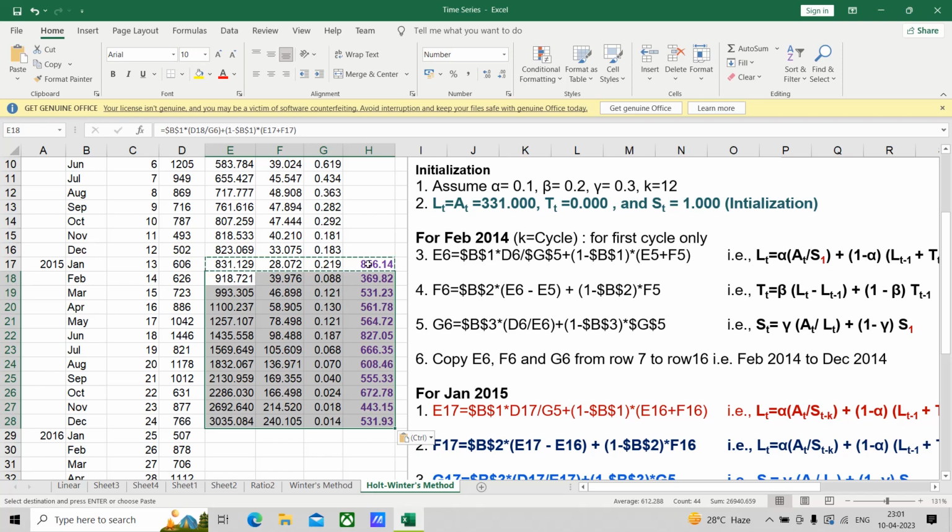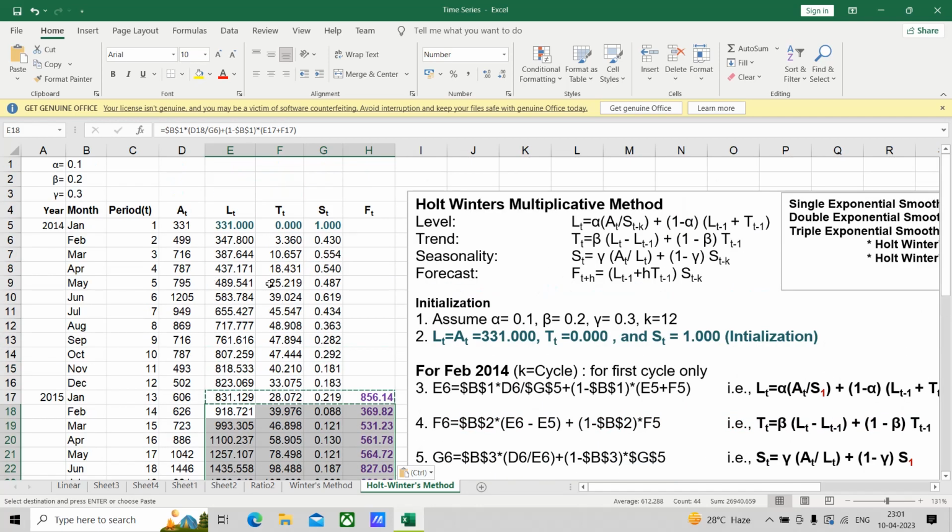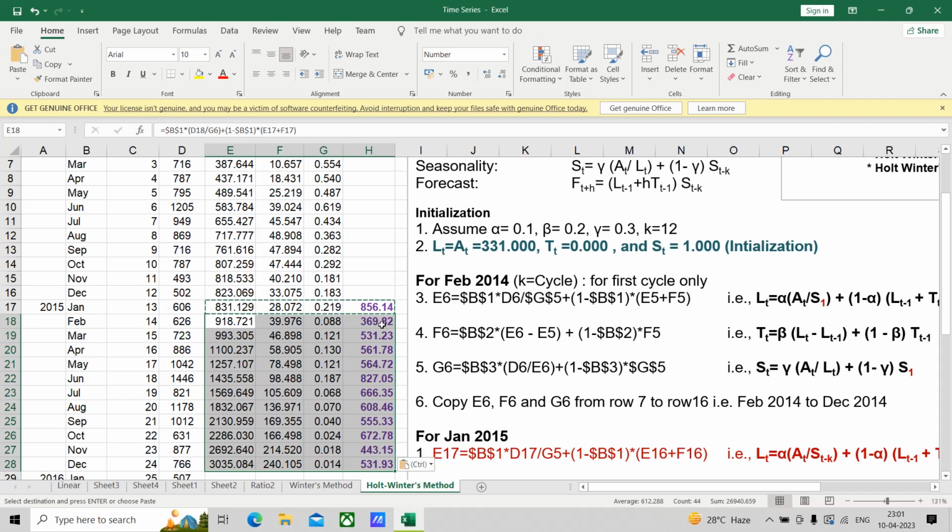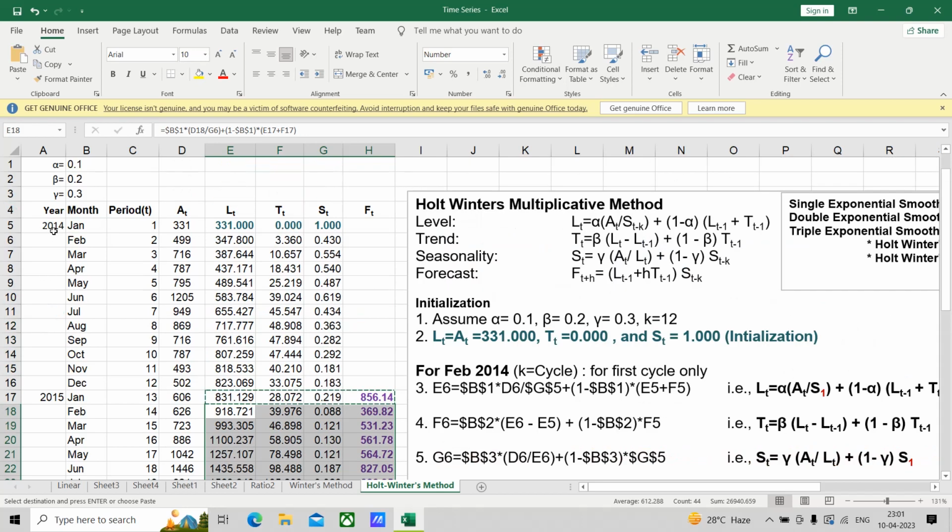It is the forecast value for January 2015 on the basis of the previous year, and this is the forecast for February on the basis of the previous year. So these are the forecast values for 2015 based on 2014.